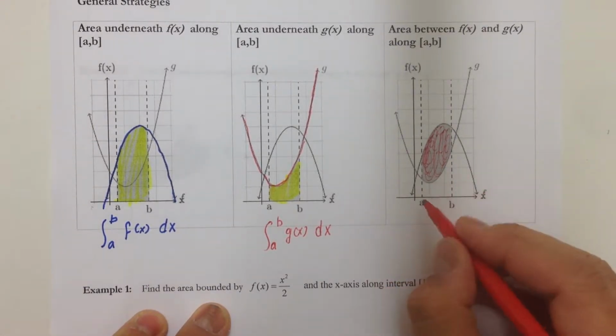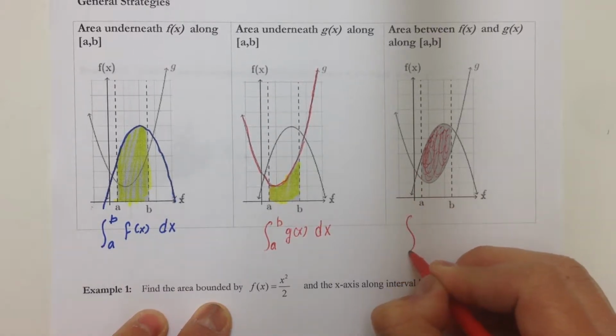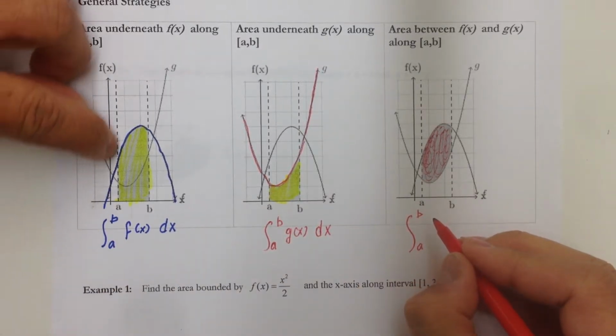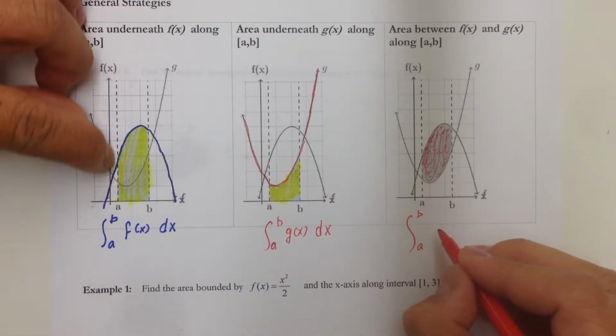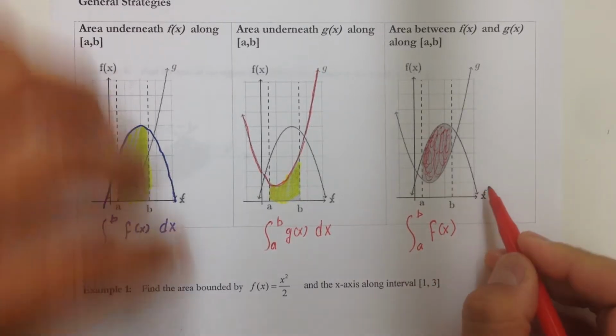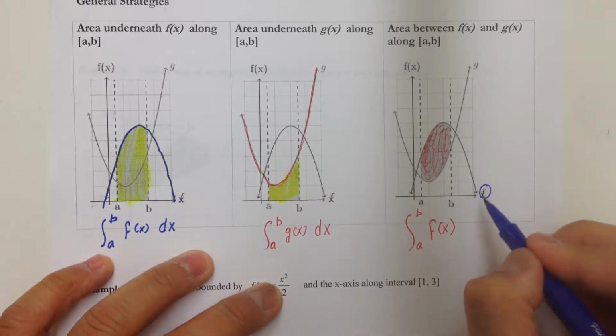So the area squeezed between two curves can be found by taking the area under the top function, which in our case is the function f. This is the top function.